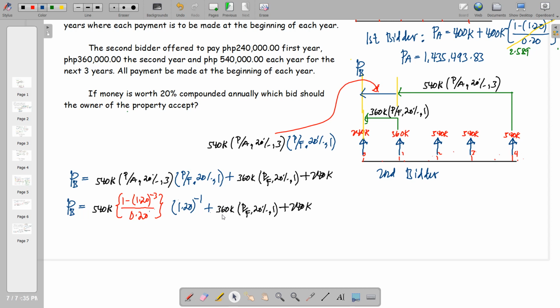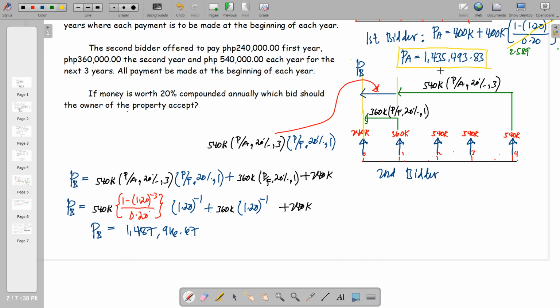And then moving on to the factor of this 360,000, we also have that factor as 1.2 raised to negative 1. So by this, we can now compute the offer of B. We have 1,487,916.67. So we can now compare the offer of the first bidder to that of the second bidder.